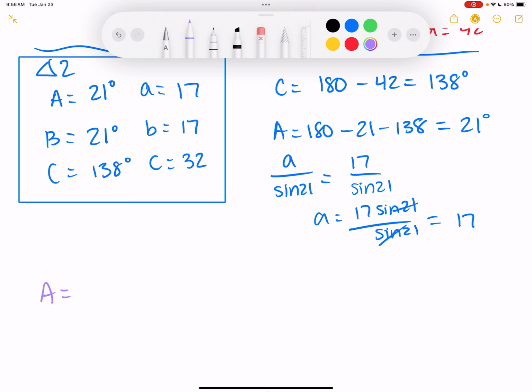It'll be 1/2 AB sine C, 1/2 BC sine A, or 1/2 AC sine B. So it's half of the two side lengths you're given, and then the sine of the angle that you're given.